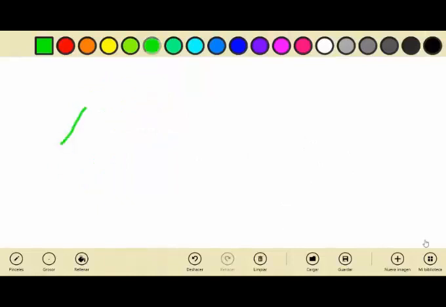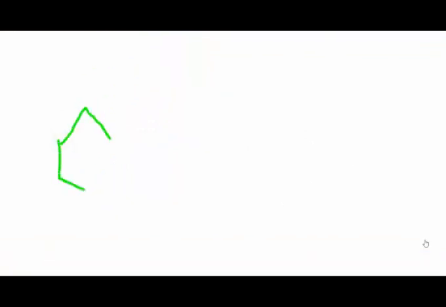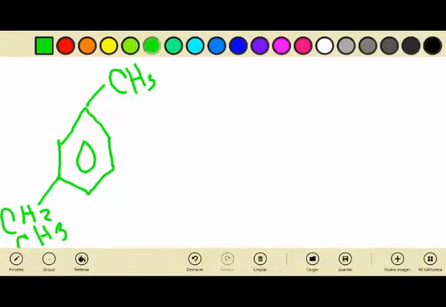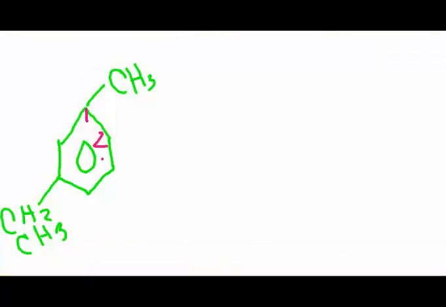Now, if we have this, we have here methyl, and we have here ethyl. We're gonna first enumerate the corners, 1, 2, 3, 4, 5, and 6.